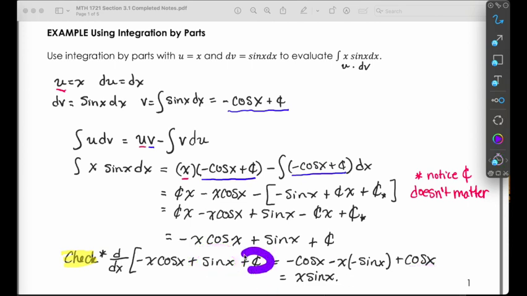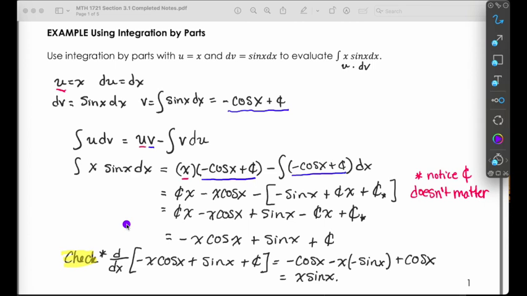And then the derivative of this constant is 0. So now if I clean this up, I get minus cosine x plus cosine x. That disappears, and I'm left with this. And these two negatives make it a positive x sine x, which you can see it worked. So I highly suggest the first few times you do this, you actually find the derivative, work backwards, and verify it.